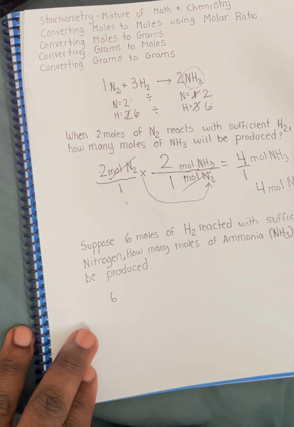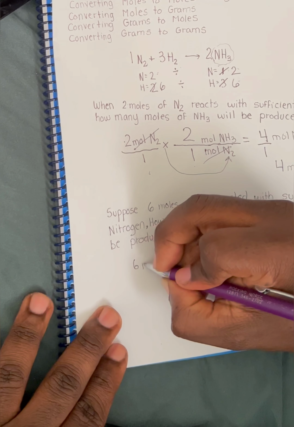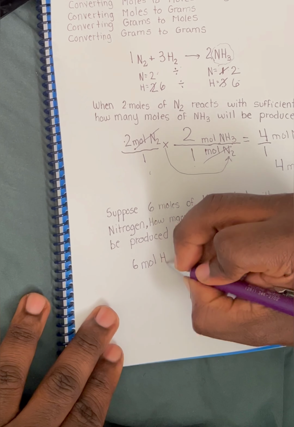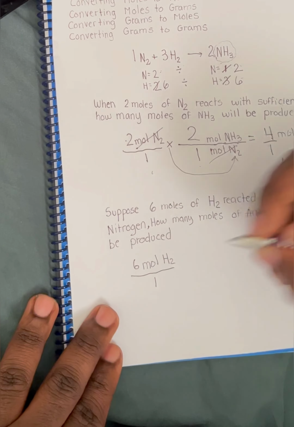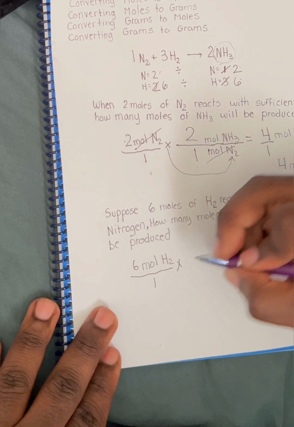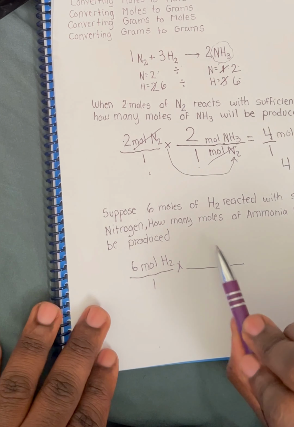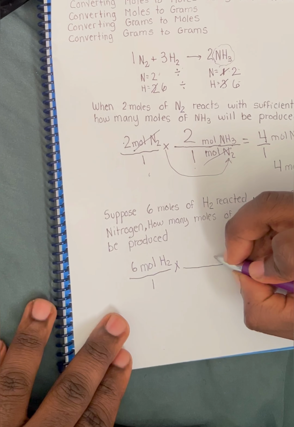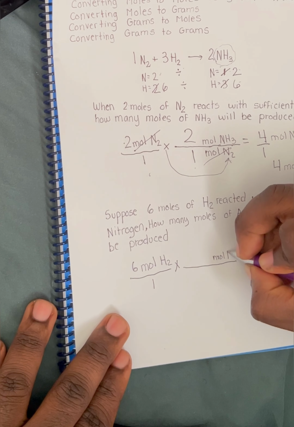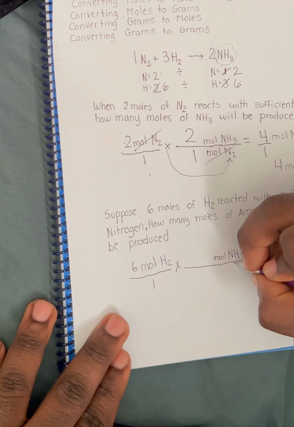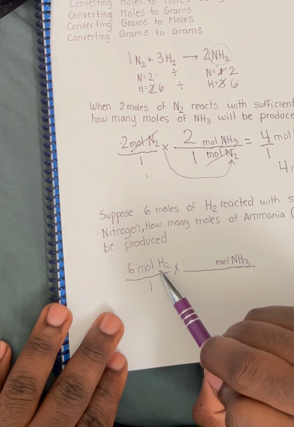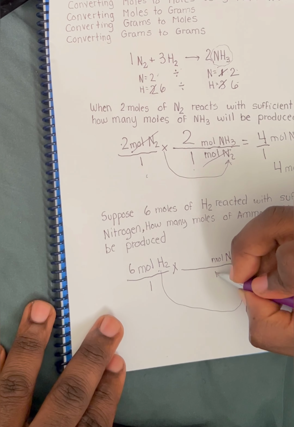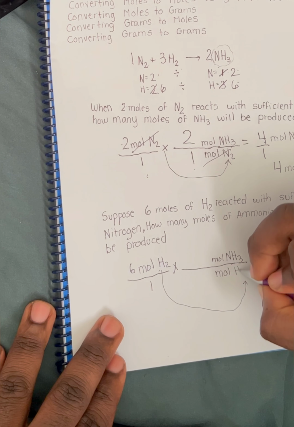So 6 moles of H2 over 1 times, and we're trying to find how many moles of NH3. So that's what's going to go on top. Moles of NH3. So again, whatever's on the top of this one goes on the bottom of this one. So moles of H2 will go on the bottom of this one.